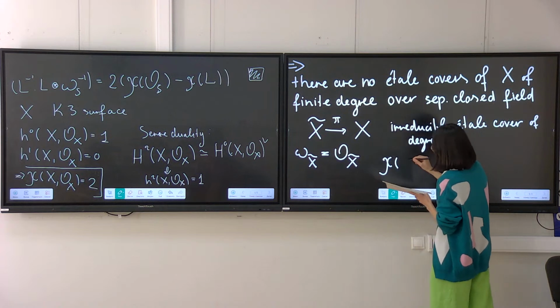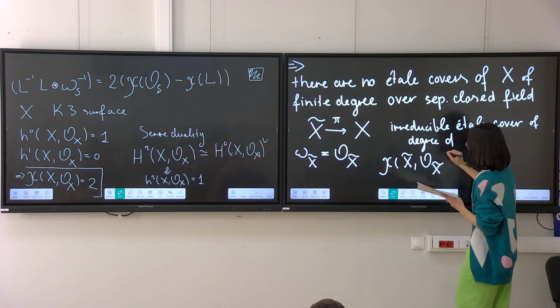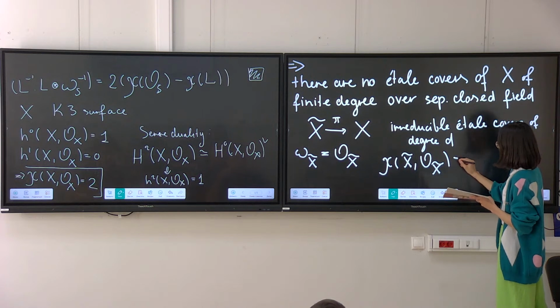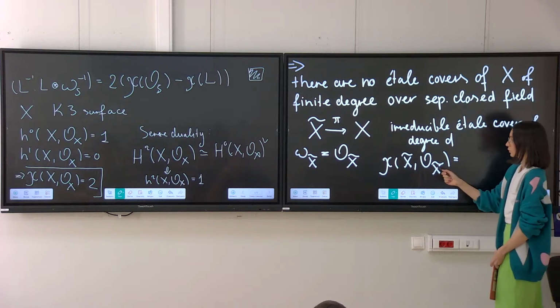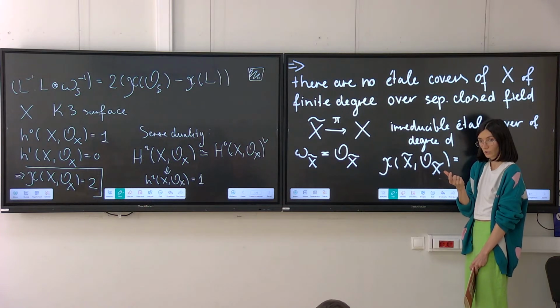And now, what is the Euler characteristic of the structure sheaf of X tilde, for an unramified cover of degree D? We discussed last time what the push forward of O of X tilde on X will be. Yes, this will be just D copies of the structure sheaf.